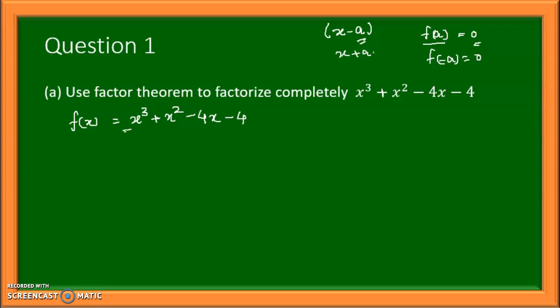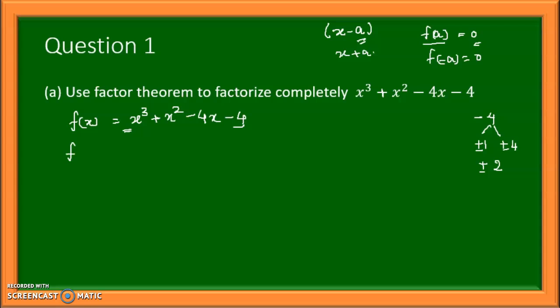The coefficient of x cube and the constant term, the product of those two: 1 into minus 4 is minus 4. Factors of minus 4, we know are plus or minus 1, plus or minus 4. Plus 1 into minus 4 gives minus 4. Minus 1 into plus 4 also gives minus 4. And also plus or minus 2 is there. Out of these, we can choose the smallest one.